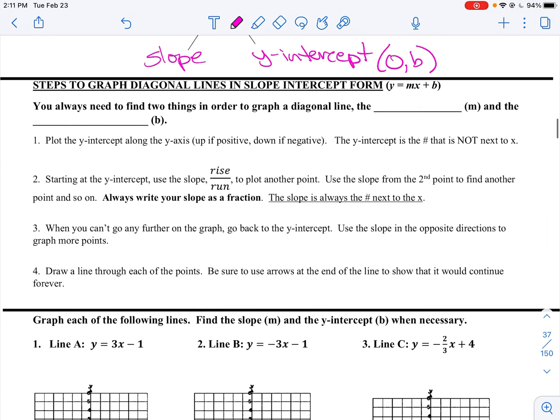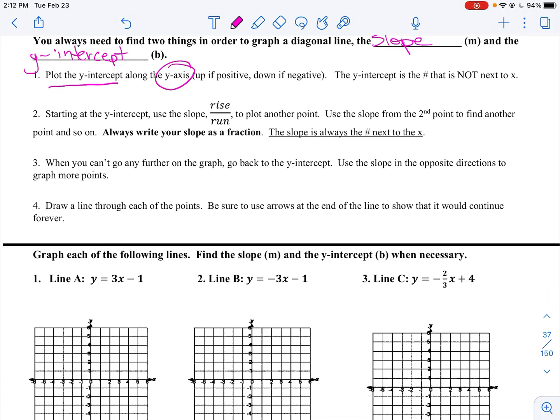Okay, you always need to find 2 things in order to graph a diagonal line. You need to find the slope and the y-intercept. Every single time.